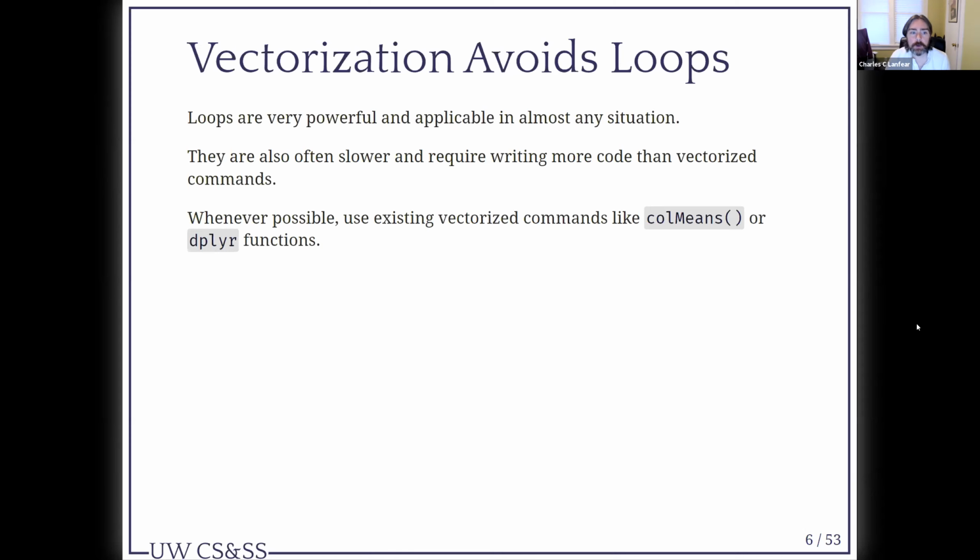Okay. So whenever possible, I say you should use existing vectorized commands to solve your problems. Things like column means, or basically every function in dplyr is vectorized. The whole reason for the tidyverse, for tidy data, and for things like dplyr is actually to make it easier for you to use canned functions on your data rather than having to come up with purpose-built things for every problem you encounter.